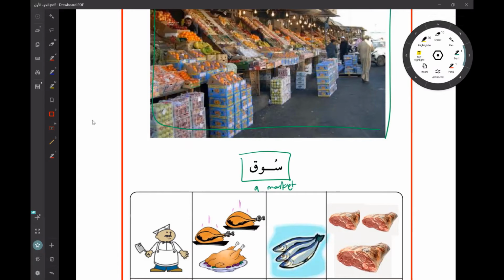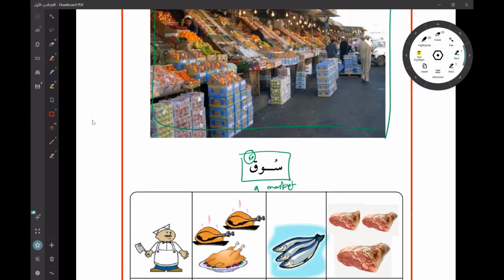So when we have it without alif lam, remember what we said before, that by default the word has tanween, right? It's like that, so suqun. Okay, so we'll be talking a little bit more about definite and indefinite nouns in this lesson. So when we have suqun, this tanween indicates what?